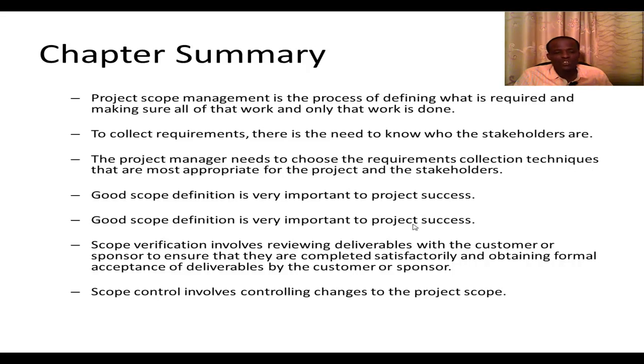Good scope definition is very important to project success. Scope verification involves reviewing deliverables with the customer or sponsor to ensure that they are completed satisfactorily, and obtaining formal acceptance of deliverables by the customer or sponsor. And scope control involves controlling changes to the project scope.